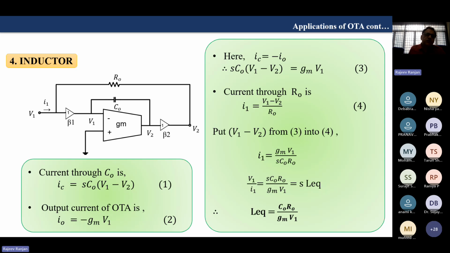Put V1 minus V2 from equation 3 into 4. So I1 equals GM V1 upon SCRO. So V1 upon I1 equals SCRO divided by GM, which is SL. Now if you equate these things, you will get L equivalent equal to CORO upon GM. So now we can also use this OTA as an inductor.